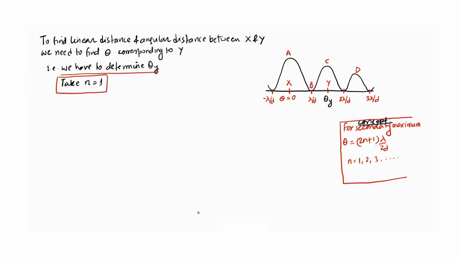We have theta Y equals 2 times 1 plus 1 times lambda by 2d. So we get theta Y equals 3 lambda by 2d.